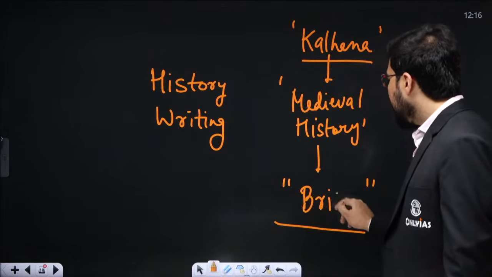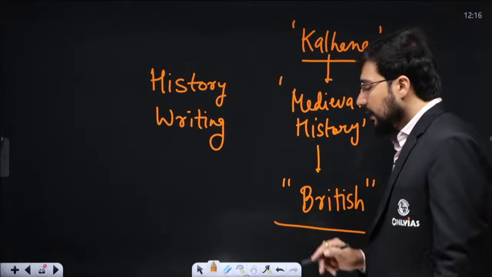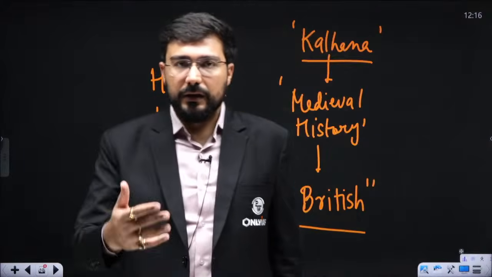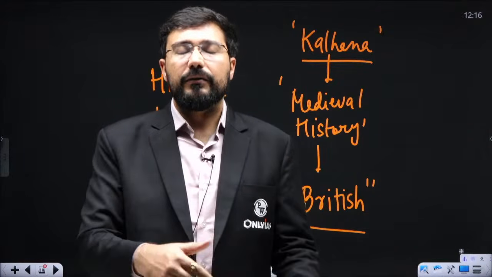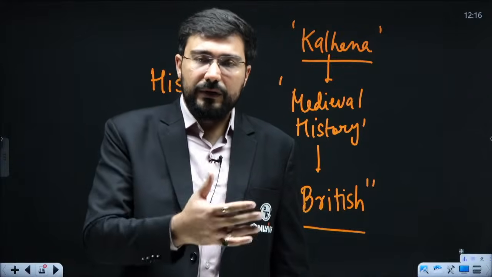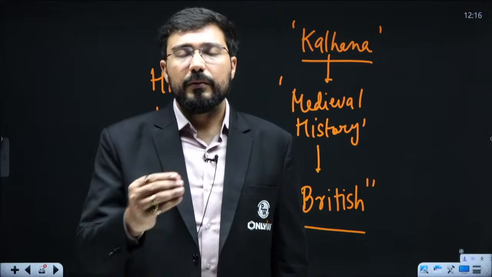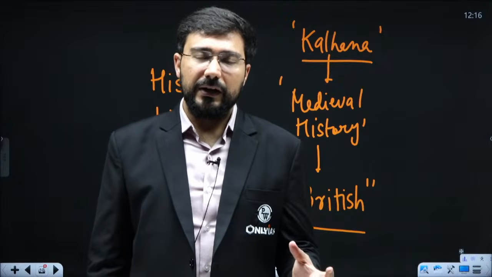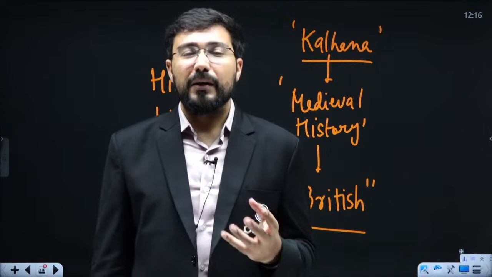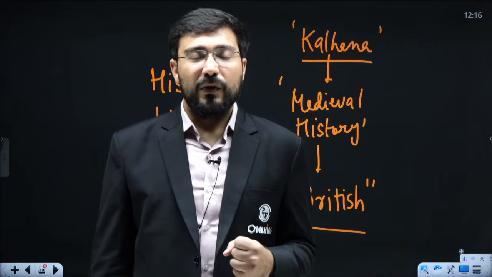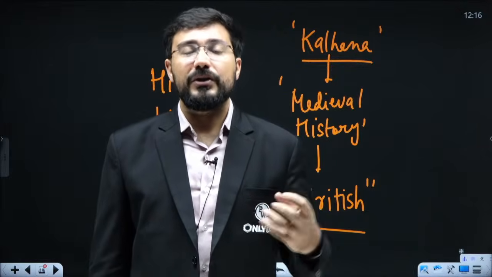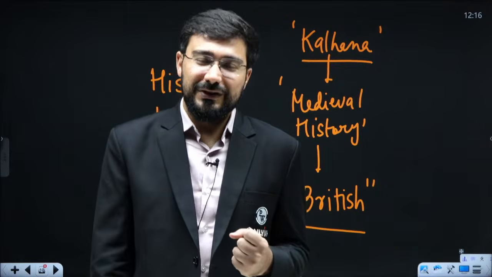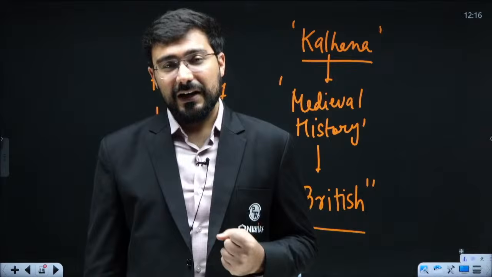When the British came to India, like I've told you, they created a company in 1600 and then eventually came to India, set up factories, and finally after the middle of the 18th century, started becoming politically relevant. When they became politically relevant in India, they wanted to understand Indian customs and Indian people in general, but they were not finding books which they could understand.